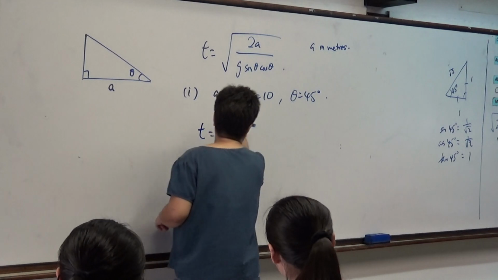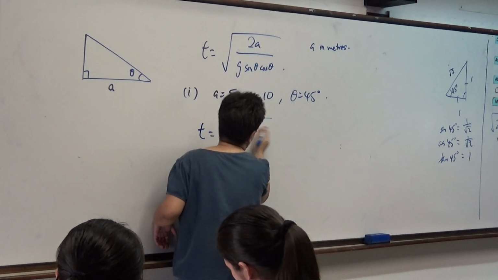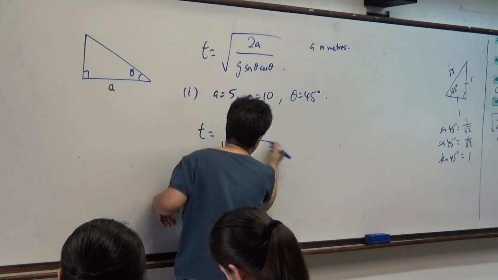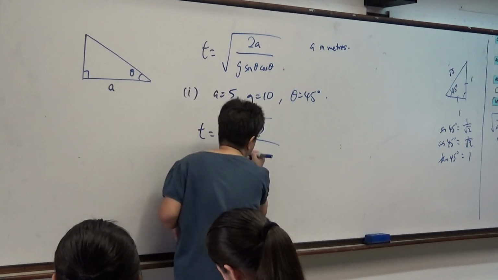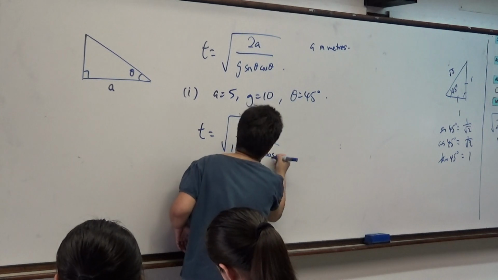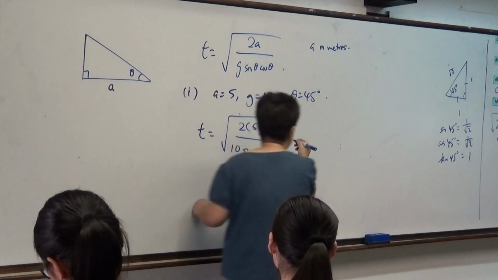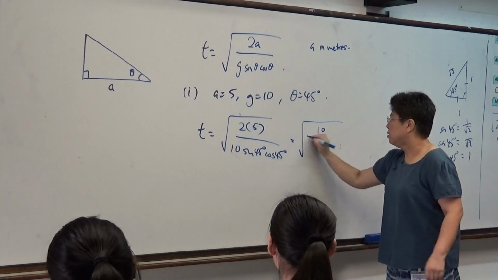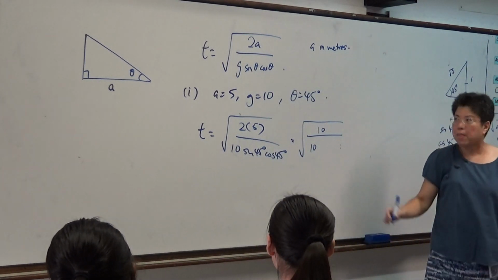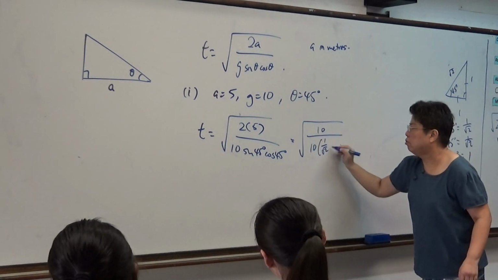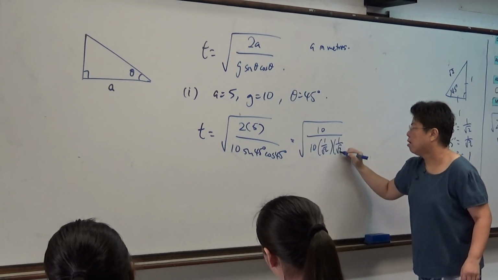T will be square root of what? 2 into 5 over 10, then sine 45 and cosine 45. So this will be square root of 10 over 10, and what's sine 45? 1 over root 2, and then 1 over root 2.